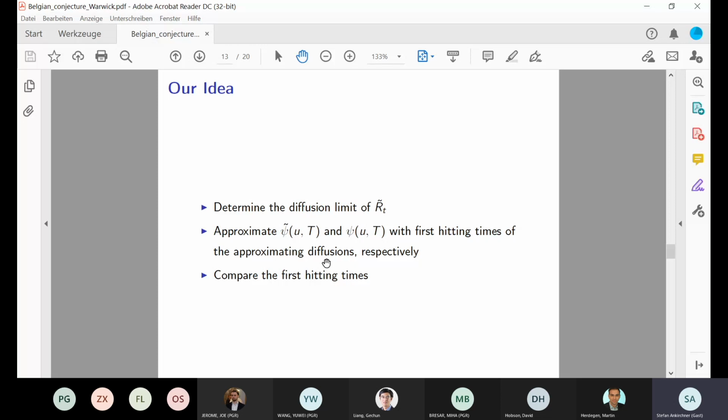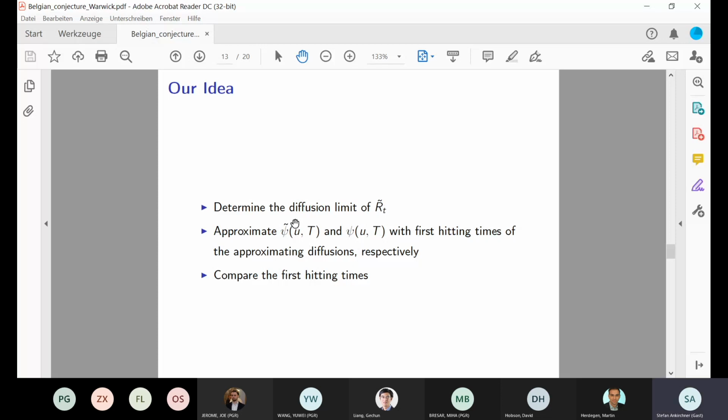The diffusion limit for the original process is known. You get some Brownian motion with or without drift, depending on the model assumptions. But what is the diffusion limit of this modified process R tilde? This was the first question, and we determined the diffusion limit.